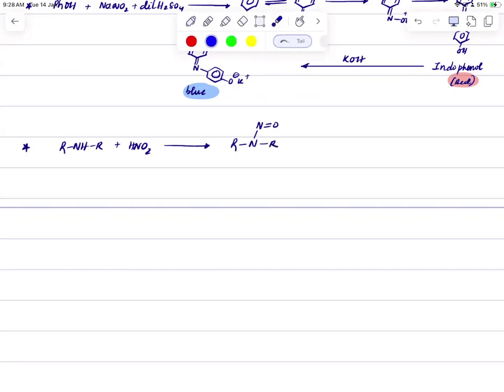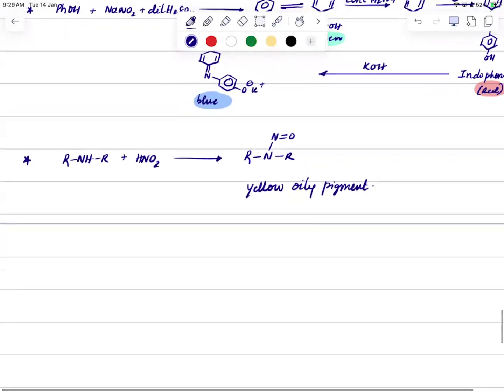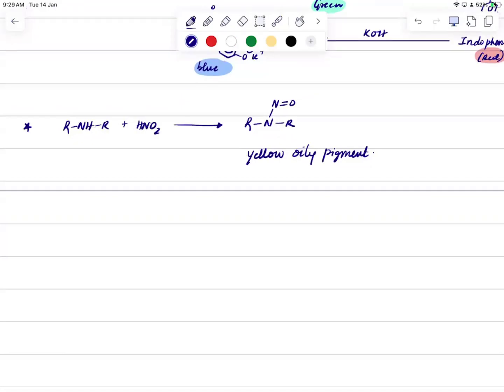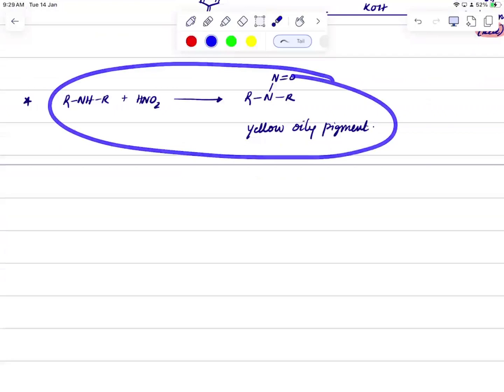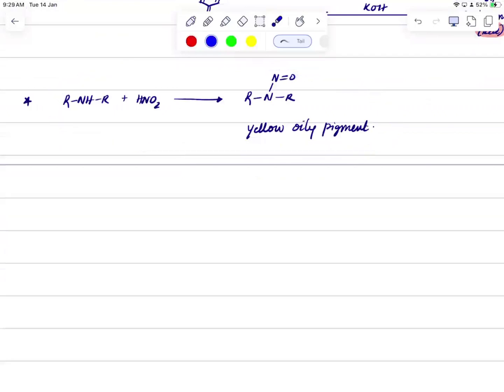So basically this hydrogen will get replaced by N double bond O. This is a yellow oily pigment. And this coloration is what is the Libermann nitroso test. So all you need to check is 2-degree amines. If you have 2-degree amines, that is also termed the Libermann nitroso test. Got it?